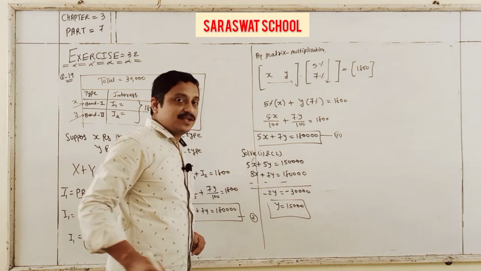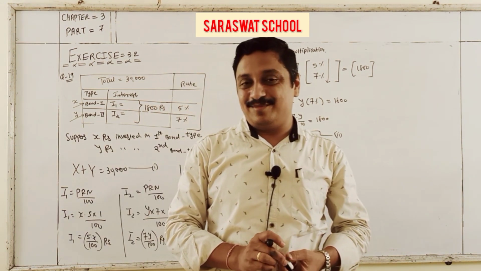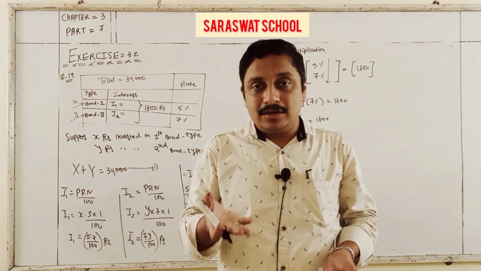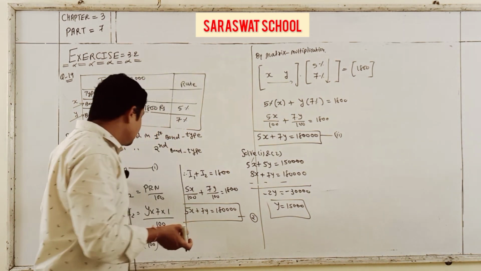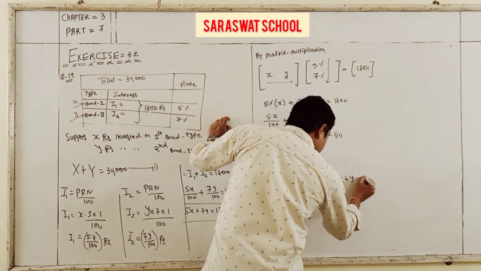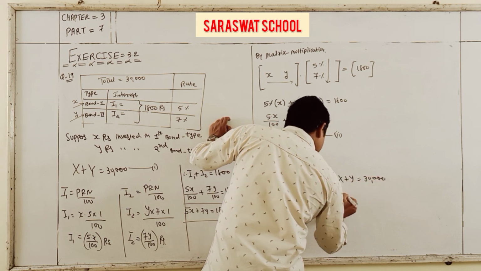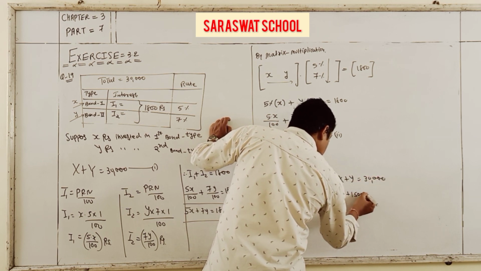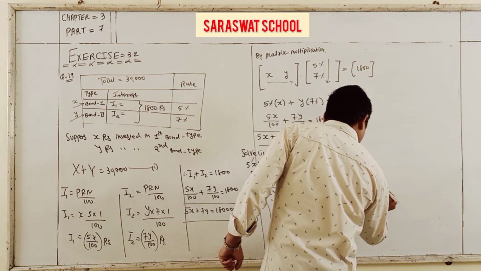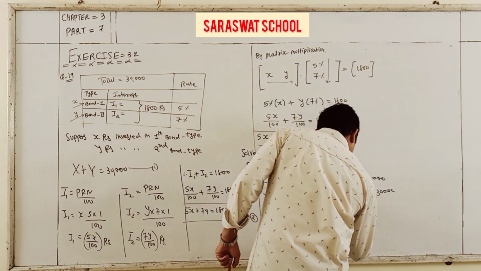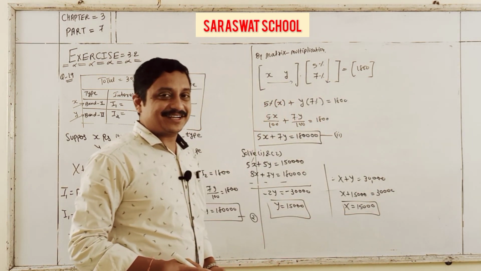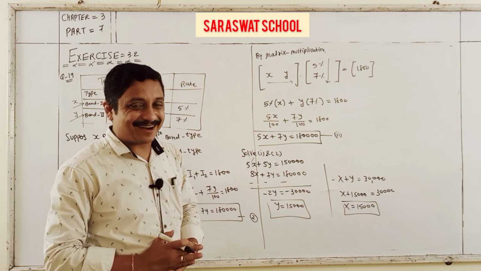It means 15,000 is invested in the second bond. And x is also 15,000, because the total is 30,000: x plus 15,000 equals 30,000, so x becomes 15,000. So both investments are done: 15,000 in the first bond and 15,000 in the second bond.